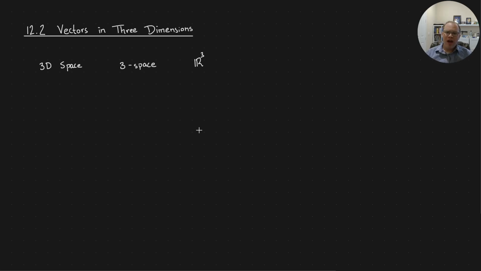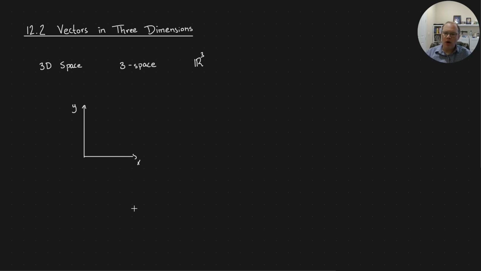So first off, how does the coordinate system in three-dimensional space work? We are going to take our two-dimensional space and extend it to 3 dimensions. Okay? So let's start with our two-dimensional space. Here's our x-axis, here's our y-axis.